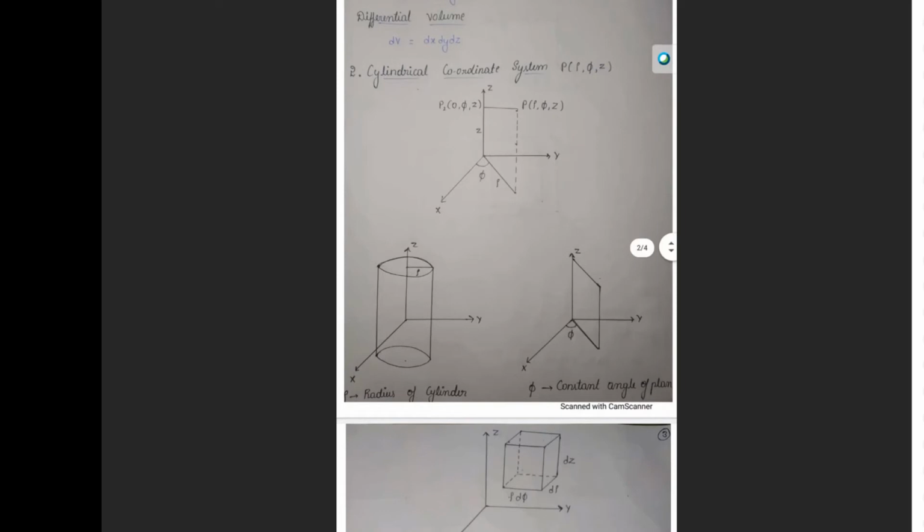The same thing applies for cylindrical as well as spherical. In cylindrical, the point P is represented as rho, phi, z. Rho, phi, z are the cylindrical coordinate points.